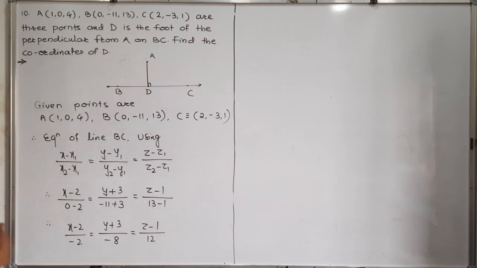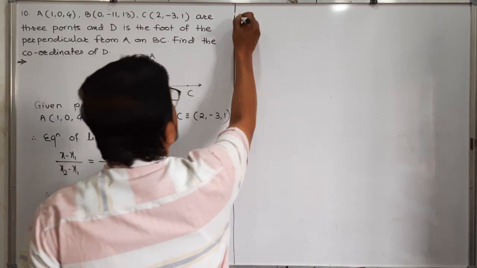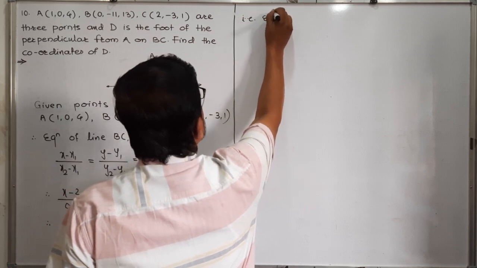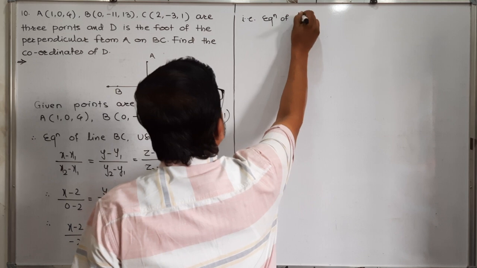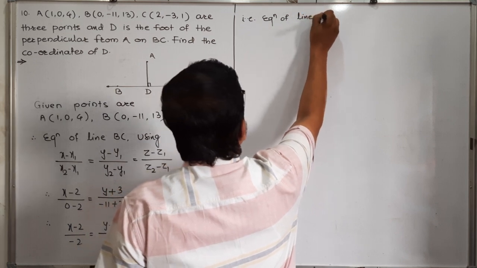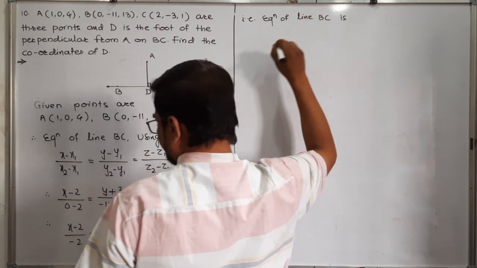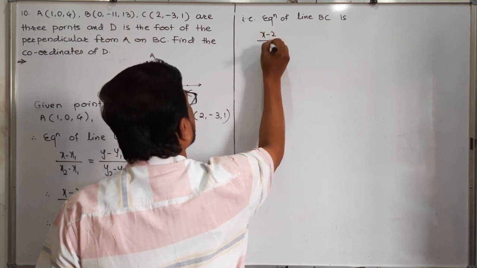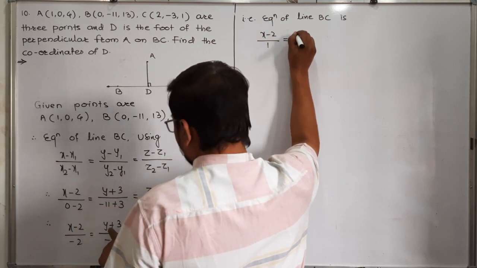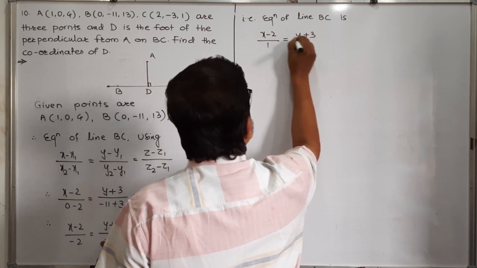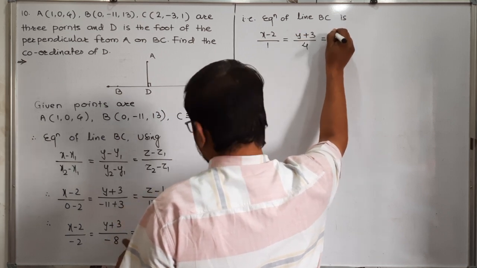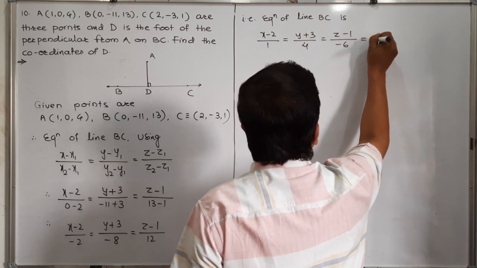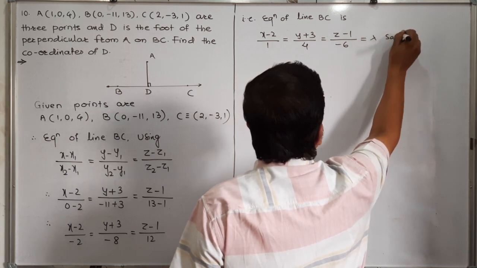Divide by minus 2, that is, we can say that equation of line BC is x minus 2 upon 1 is equal to y plus 3 upon 4 is equal to z minus 1 upon minus 6 is equal to lambda, we can write.